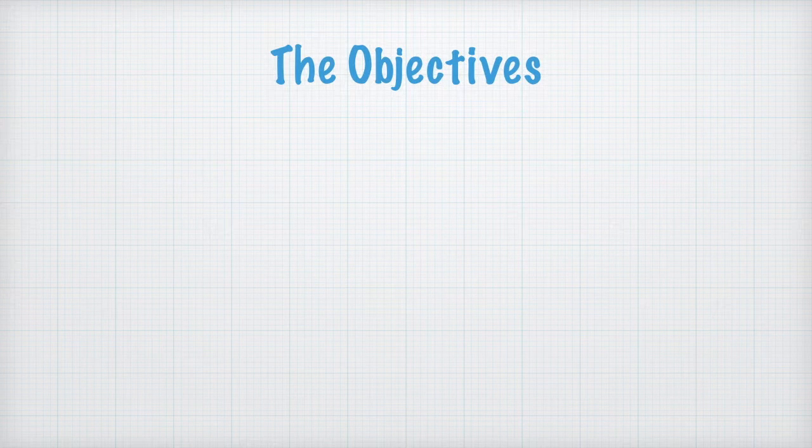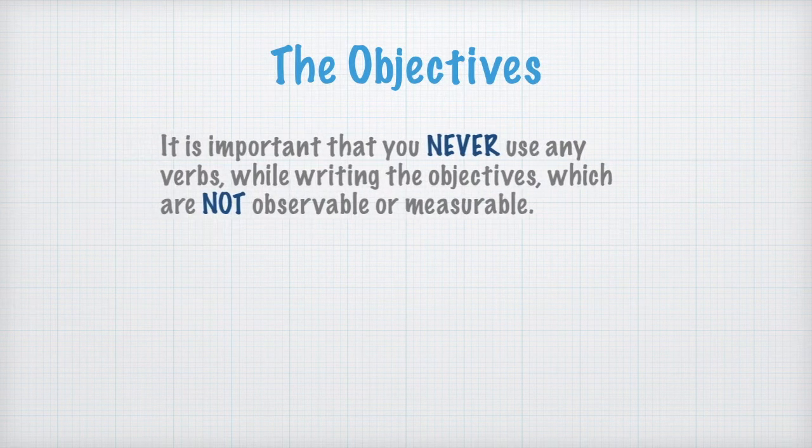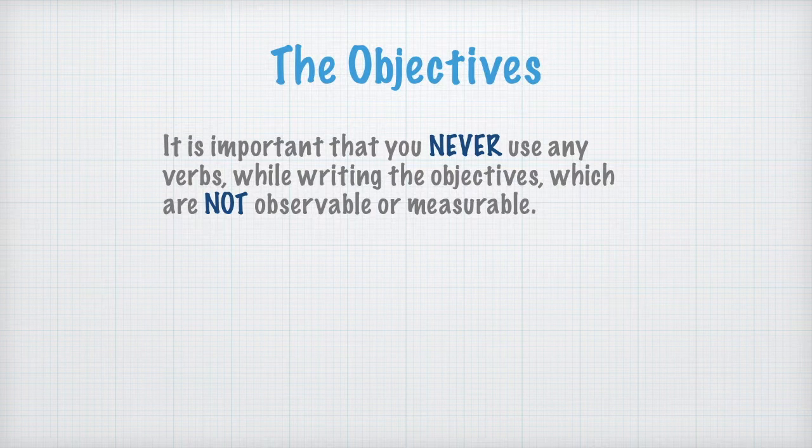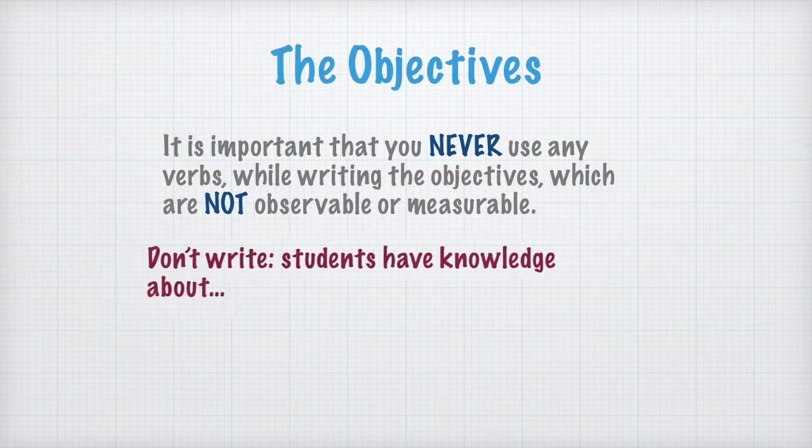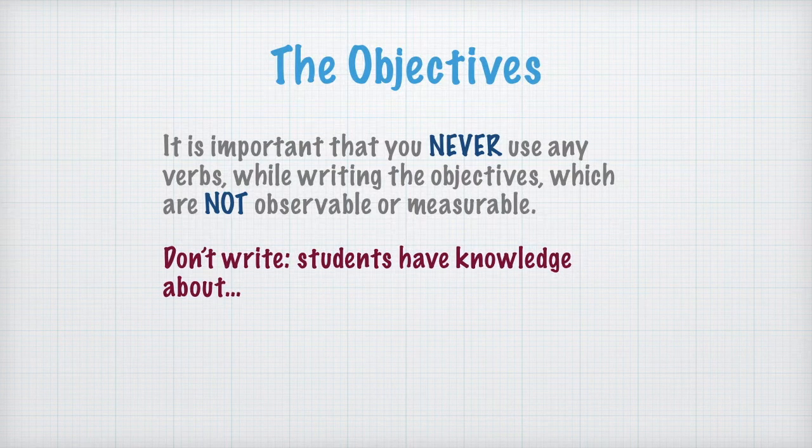What do I mean with that? Well, it is very important that you never use any verbs while writing the objectives which are not observable or measurable. For example, don't write students have knowledge about anything.